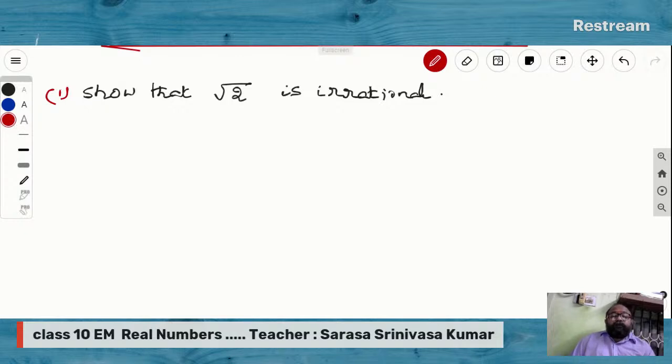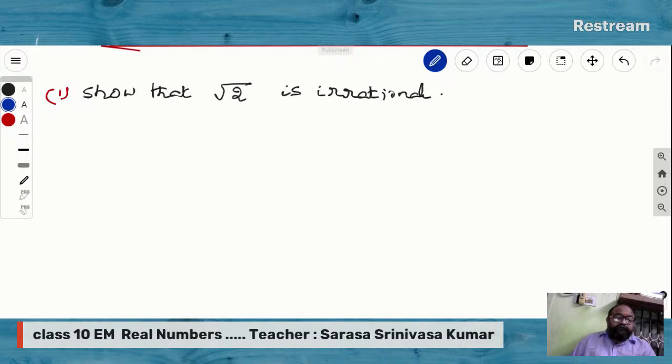First we assume that square root of 2 is a rational number, and as a result we get a contradiction. When we get a contradiction, we conclude that our assumption is wrong, and finally conclude that root 2 is an irrational number. So let us start our assumption.